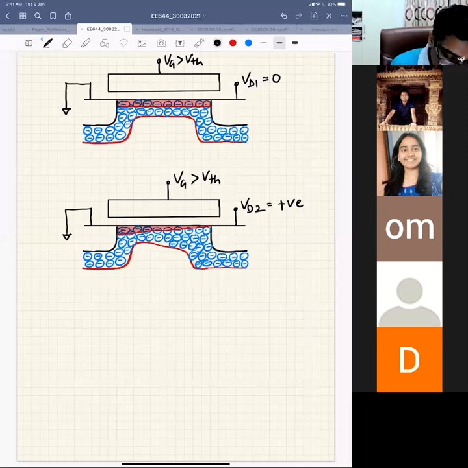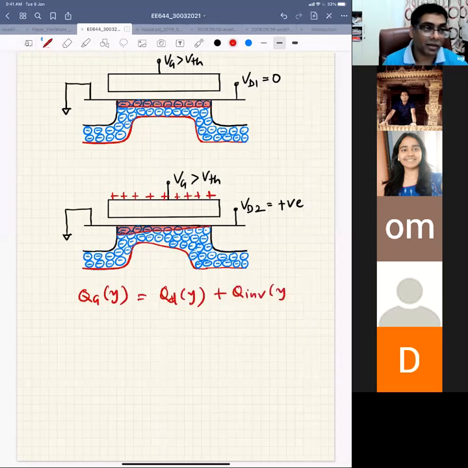When I apply some gate voltage, I have some gate charge, and the total gate charge at any point y equals Q depletion at any y plus Q inversion at any y.